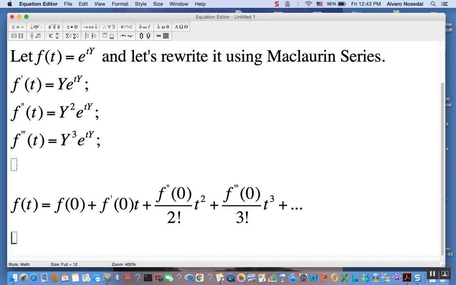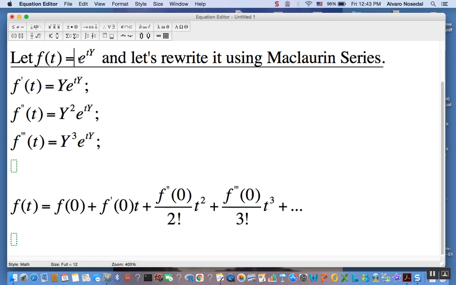In this particular case, f of t is e to the ty. f at 0 is clearly 1, plus f prime at 0 would be just y, since e to the power of 0 is 1, times y.